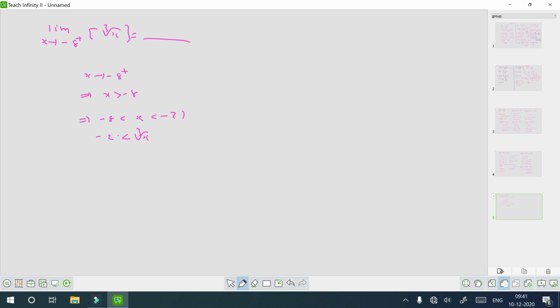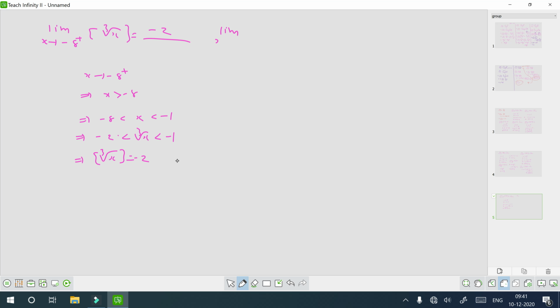So that should be minus 27, so minus 3, yes or no? Sorry, see here minus 2. So that should be minus 1. On the real line, see, minus 1, minus 2. So minus 2 to minus 1 is the interval. So integer part of cube root of x is equal to minus 2. So here the answer is minus 2.